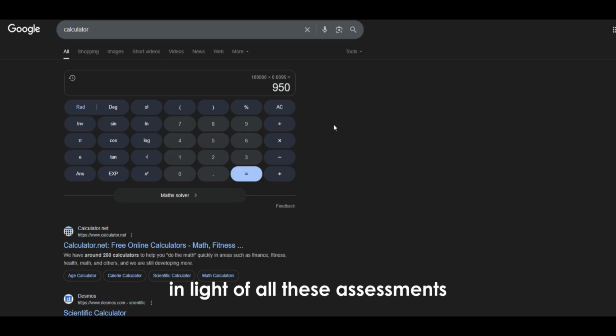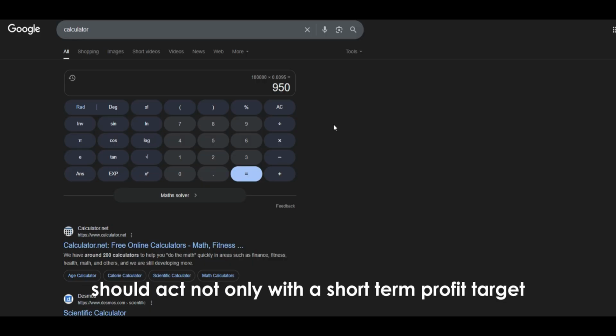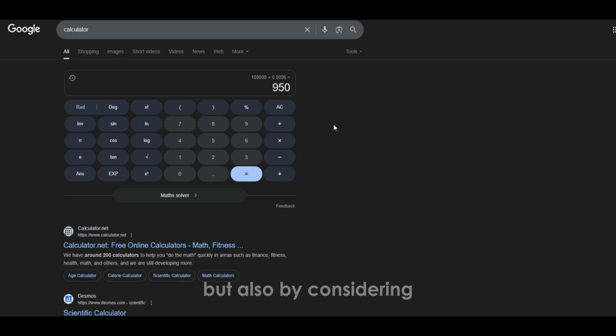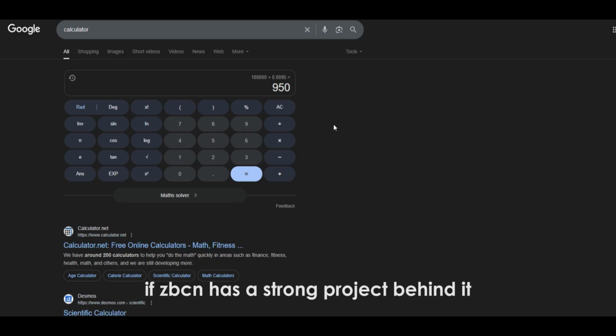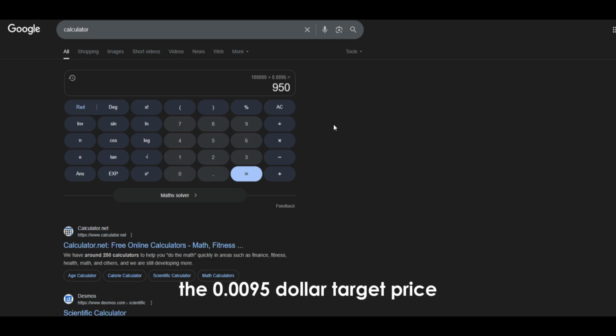In light of all these assessments, an investor wanting to buy 100,000 Zbcn tokens should act not only with a short-term profit target, but also by considering medium and long-term opportunities. If Zbcn has a strong project behind it, an active community, and a sustainable vision, the $0.0095 target price could be only the beginning.